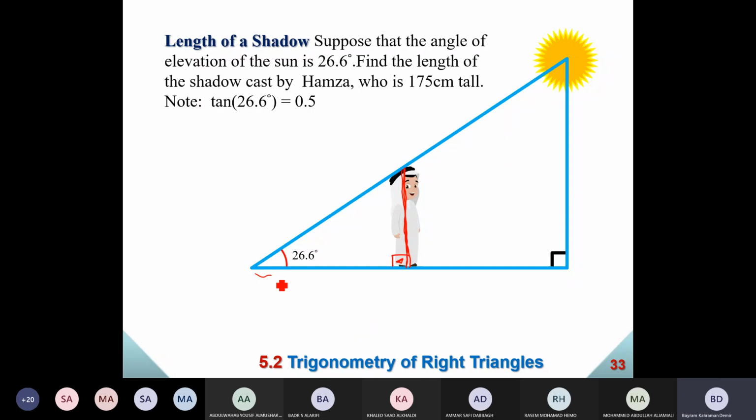So this is the shadow of Hamza, right, Shabab? So now the angle of elevation of the sun is 26.6 degree, and they give you tangent, as you see, Shabab. So you can use the tangent formula to find the length of Hamza's shadow. Okay, the same question, Shabab?